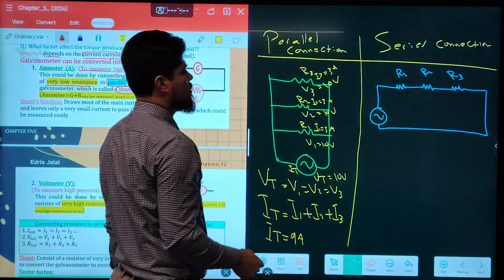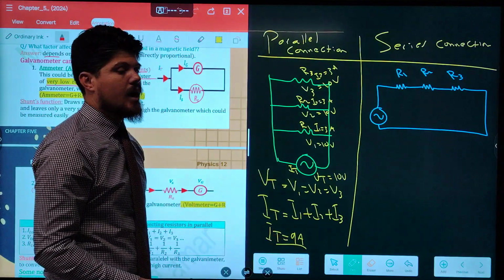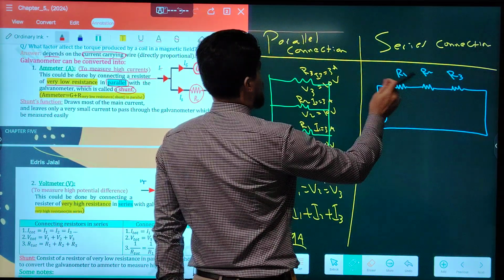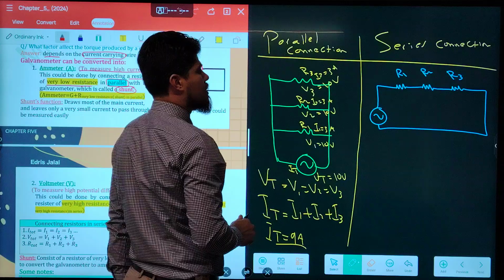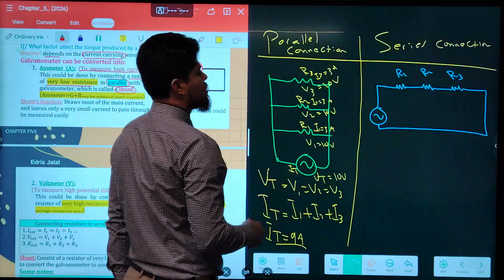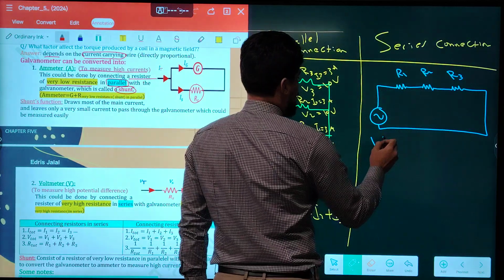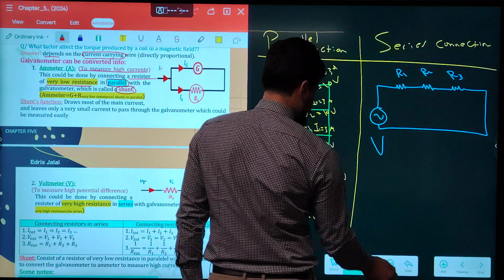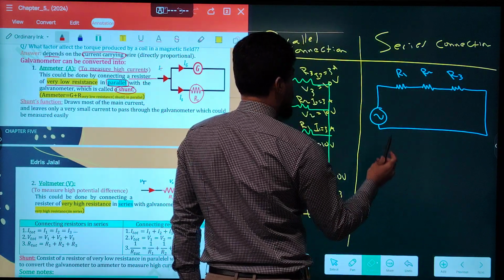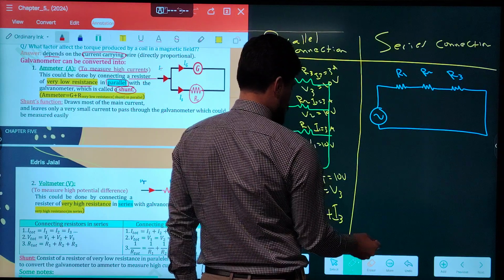If we add up all of them, we get 9 ampere. But in series connection, the situation is completely different from parallel connection. If you have three of the same resistors in series connection, instead of potential difference, what is constant here?